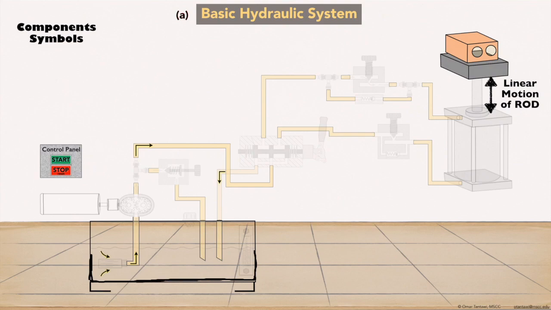Inside the tank there is the filter. The symbol is the diamond shape. Inside the diamond shape there's the dashed line. And it has the inlet and the outlet port, in and out. So when the oil comes from the inlet to the outlet port of the filter, it will be filtered, indicated by the dashed line.